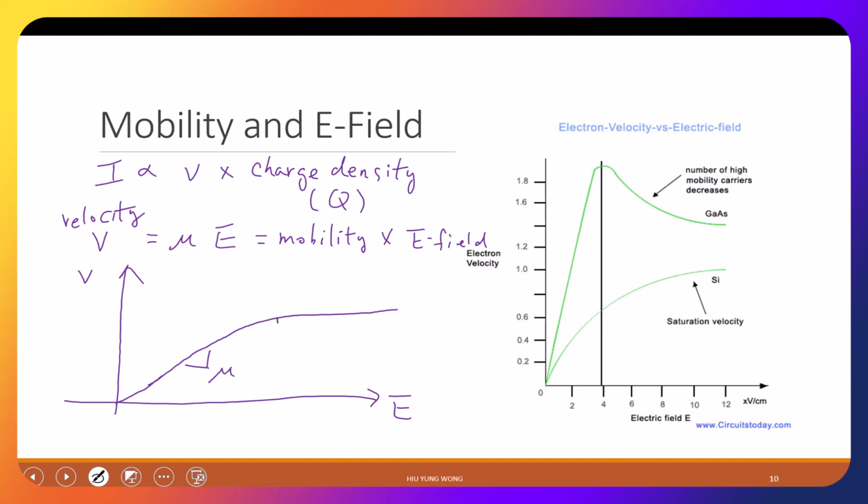However, eventually, after a critical field, let me just call it E critical, the velocity does not increase anymore. This is the so-called saturation velocity.